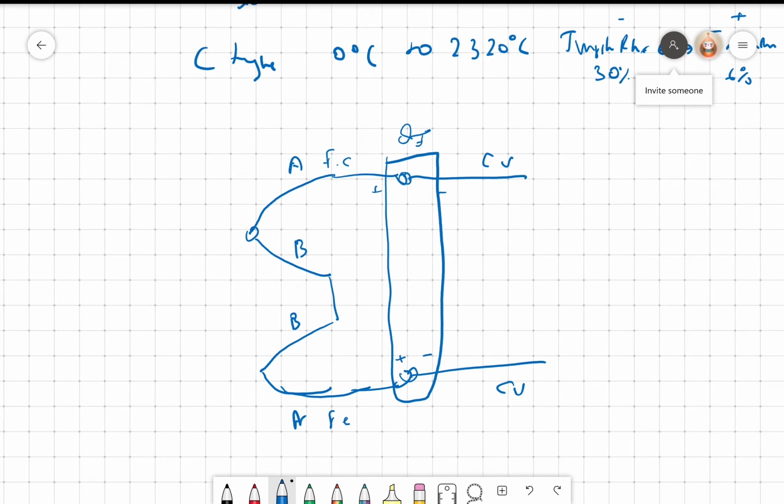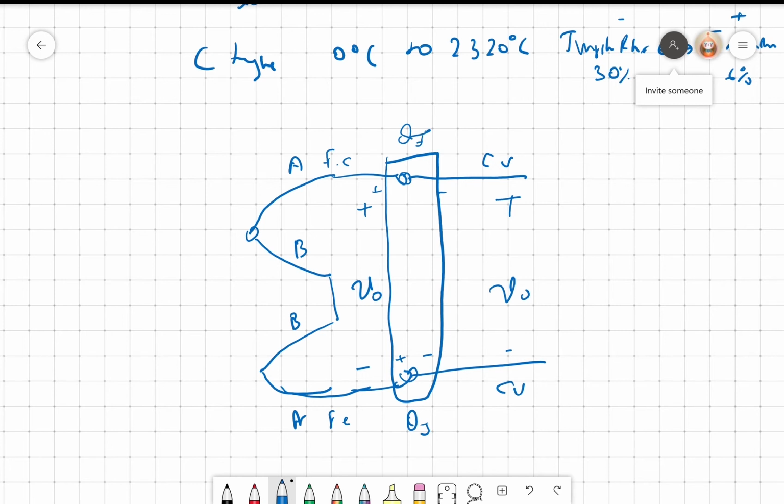So if theta j of this junction and theta j of this junction are also the same, this is V naught and this will be V naught, because if I go from here, that is plus theta j and this is minus theta j here. So this is called the law of temperature.